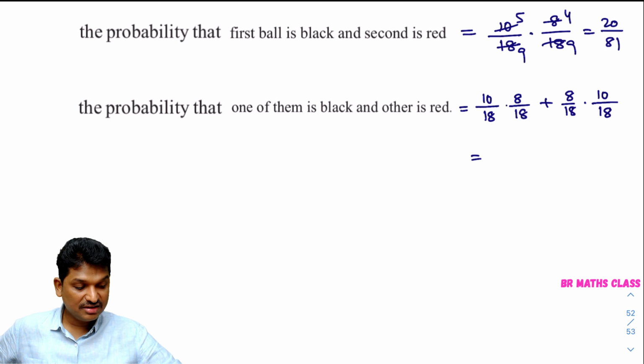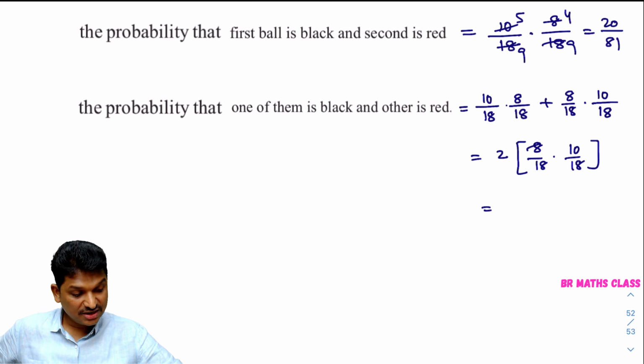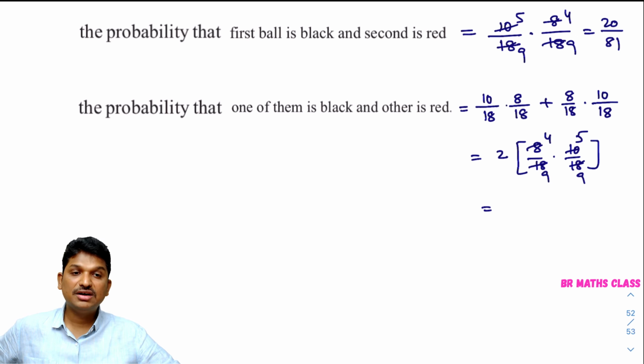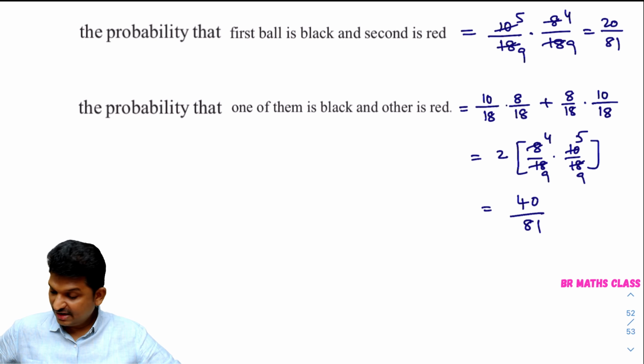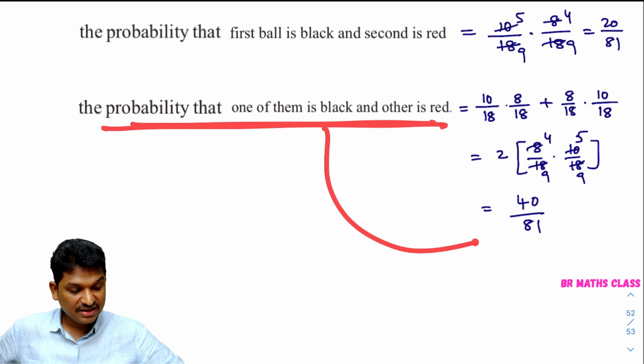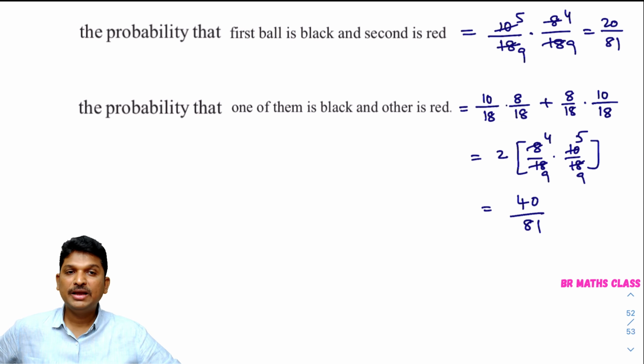You can observe this: this is 2 times 8 by 18 into 10 by 18. It's multiplication only now, right? So in 2 table, how many times here? 4 times, 9 times. 2 table, 5 times, 9 times. So 5 fours are 20, 2 twos are 40. 40 divided by 81. So the probability that one of them is black and the other is red is 40 divided by 81. I hope you understand this class.